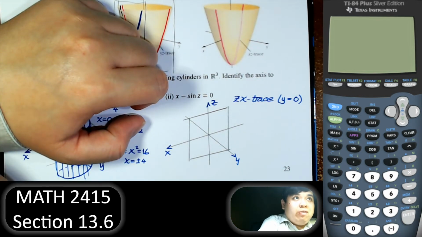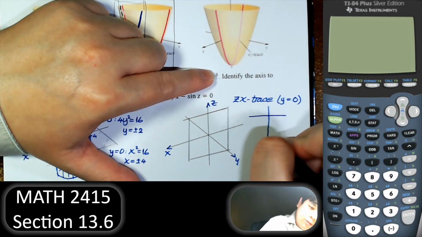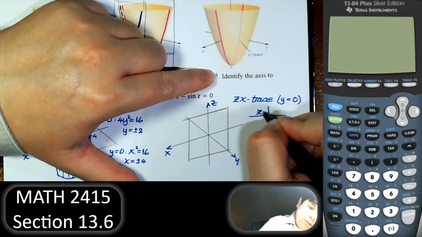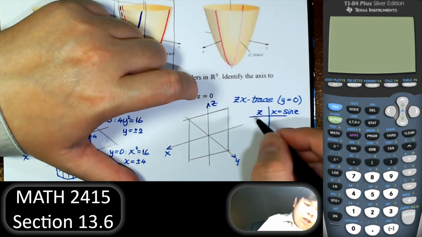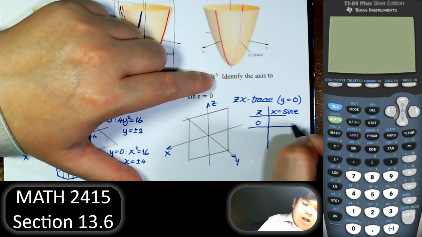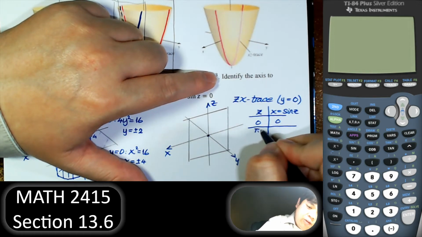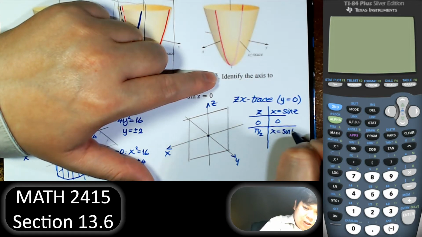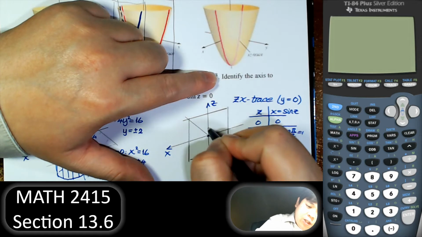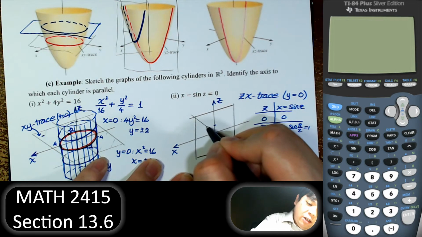Let's just make some values. When z equals 0, sine of 0 is 0. z equals pi over 2, sine of pi over 2 is equal to 1. So let's say pi over 2 is here. x is equal to 1.